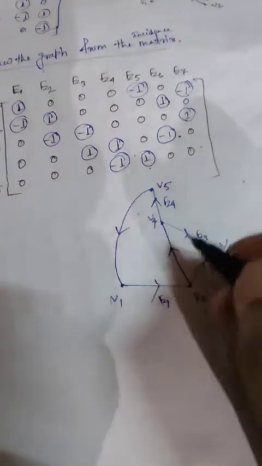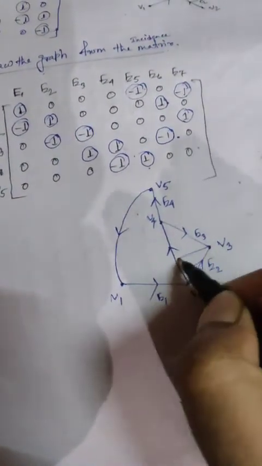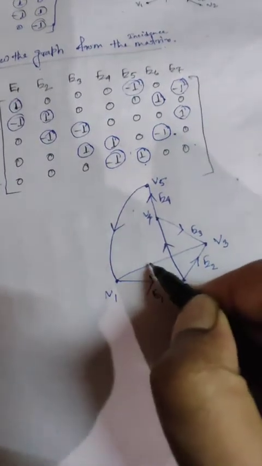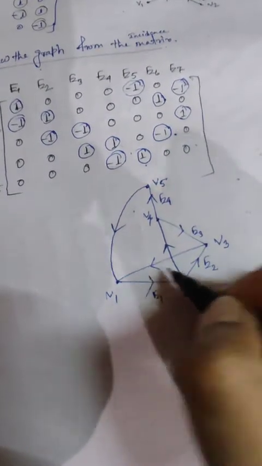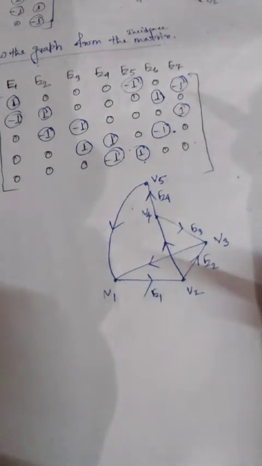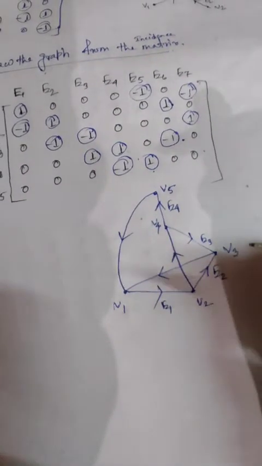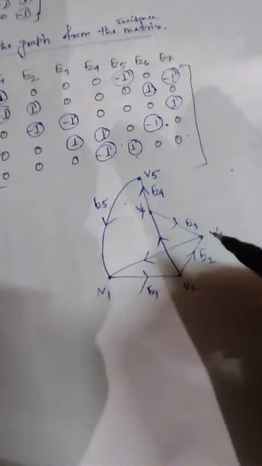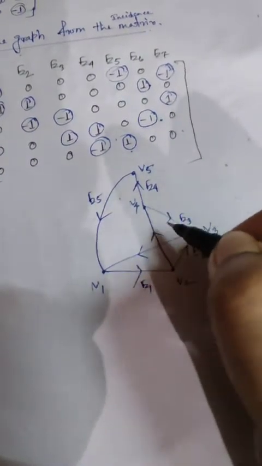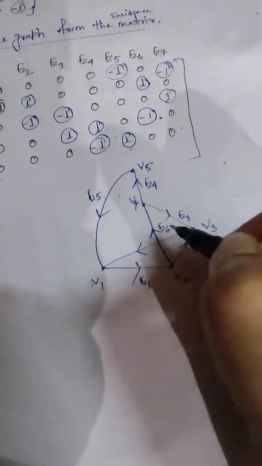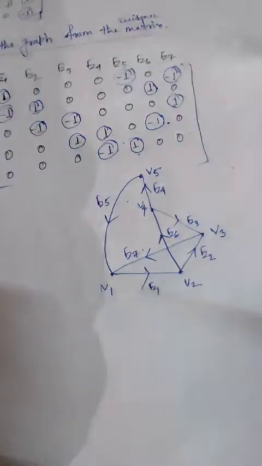That means we can draw it like this, and the direction will be in this sense. This is E5, this is V2 to V4, this is E6, and this is E7.